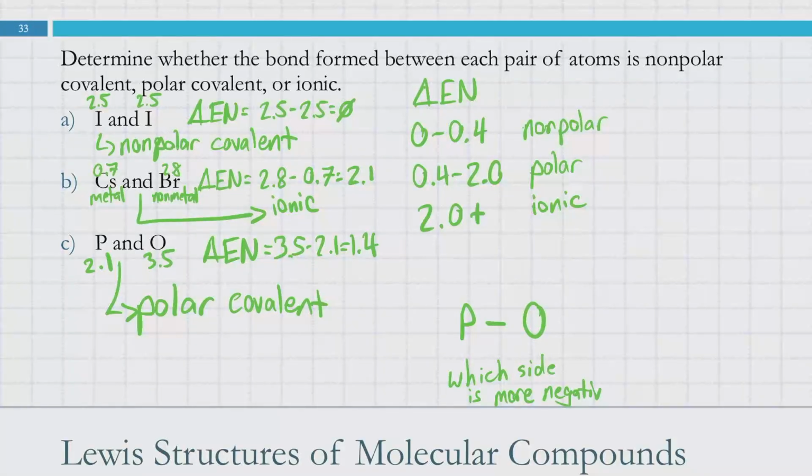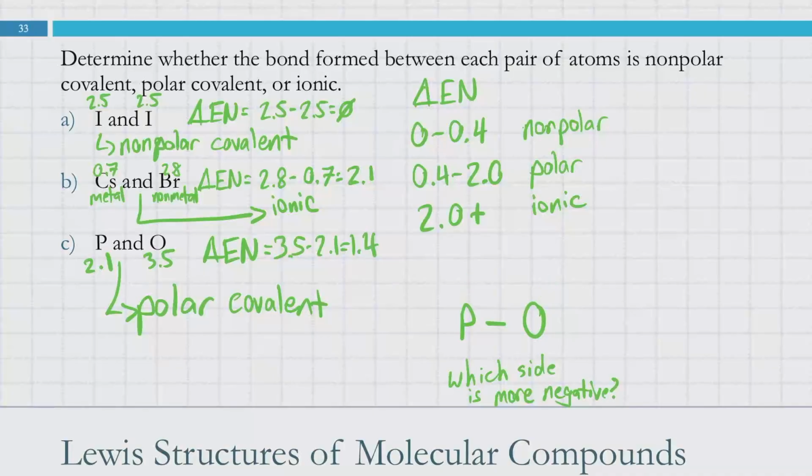Which side is more negative? Which one's pulling the electrons more strongly? Probably oxygen. Why oxygen? It's closer to fluorine. It's got a higher electronegativity value.